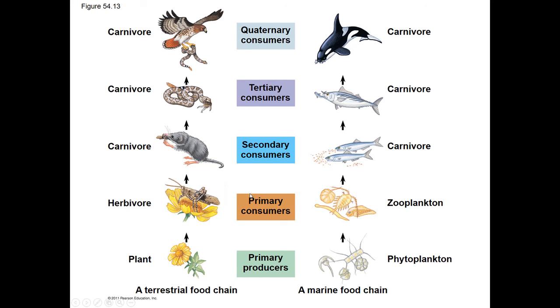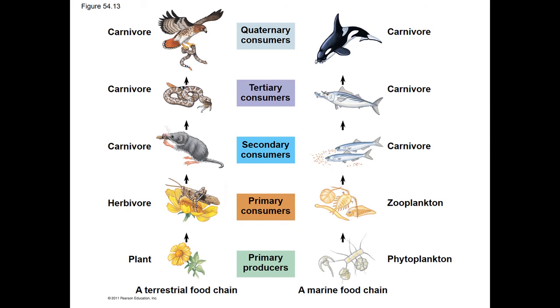Now we have our secondary consumers. And I'm guessing you probably can figure out what that is. The secondary consumer is the carnivore that's going to eat the herbivore that ate the plant. So the secondary consumers, usually we call them carnivores, they are eating the primary consumers, which of course in turn ate the primary producers.